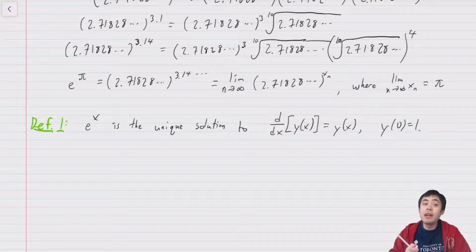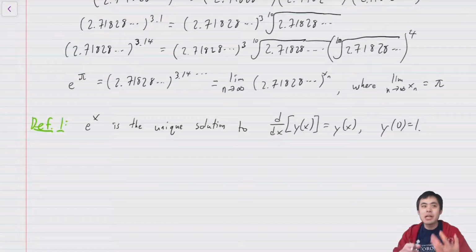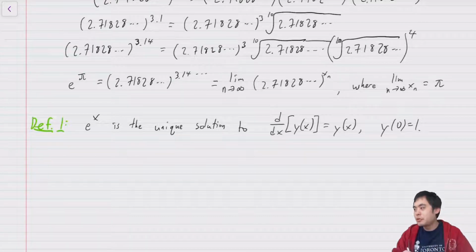So basically we're defining e to the x as its own derivative, and we're saying at x equal to 0, e to the x has to be equal to 1, so that it matches some of the other properties of exponential functions. And this is a very nice definition to work with, and one of the most commonly used properties of it: when you take the derivative of an exponential, you just get the exponential back.